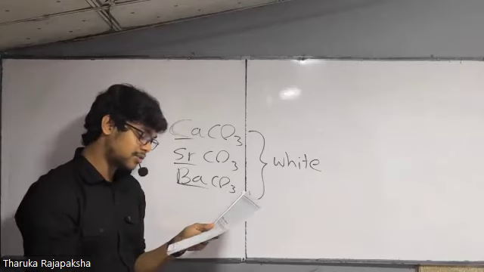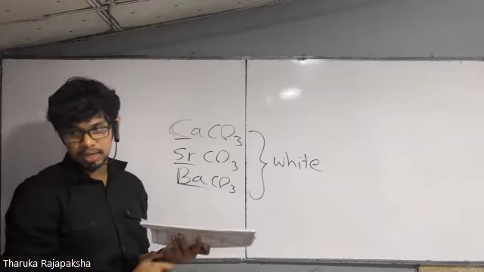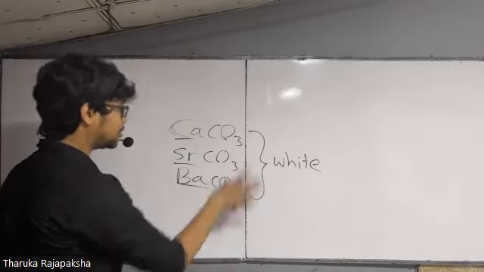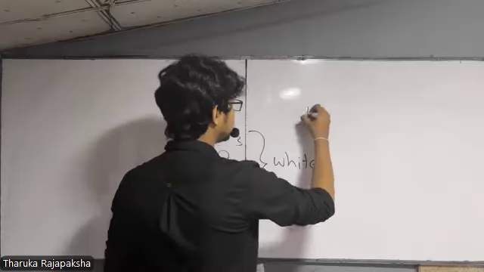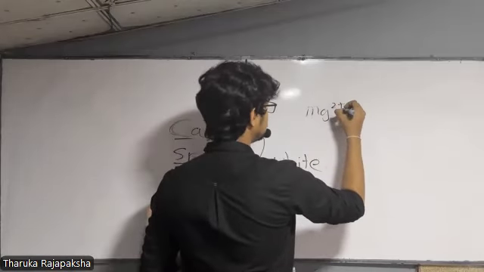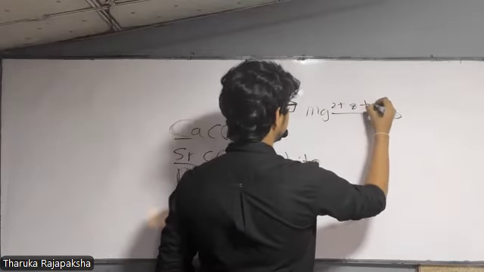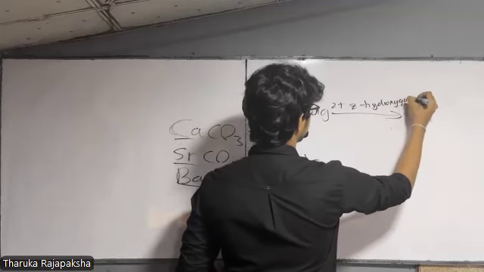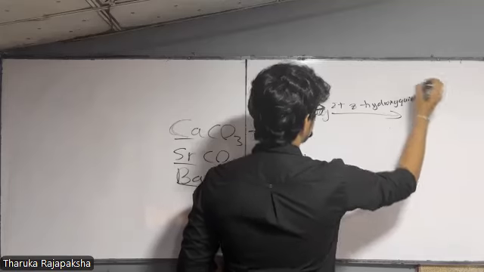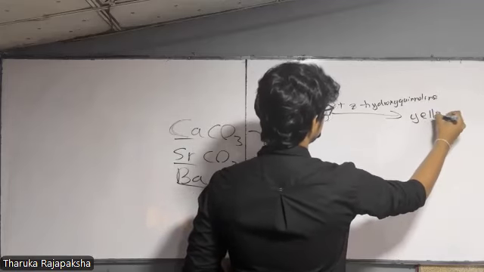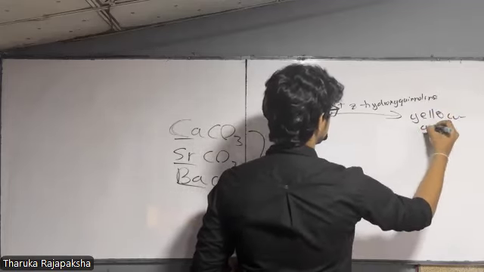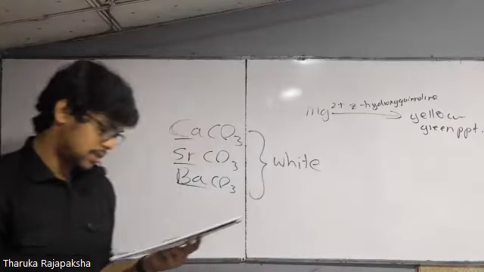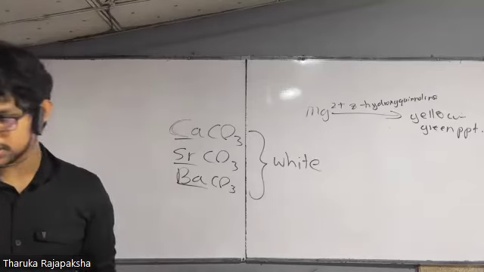When you put 8-hydroxyquinoline, it will give a yellow-green precipitate with magnesium 2 plus. That's a special one. It doesn't come to this group, people. It's a separate thing. Yellow-green precipitate. Okay, right.